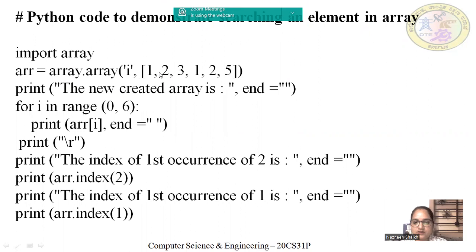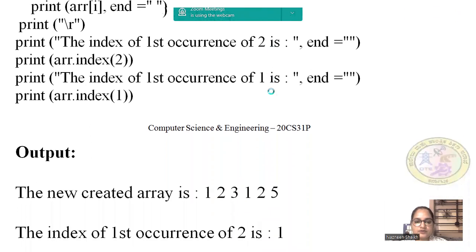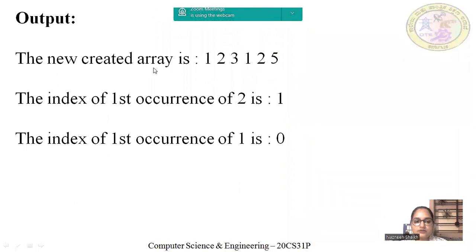We have created the array with elements 1, 2, 3, 1, 2, 5, 6. We are going to print the entire array with this heading, that is, new created array is, and we are going to end it with a space character. So we are going to get this array printed.